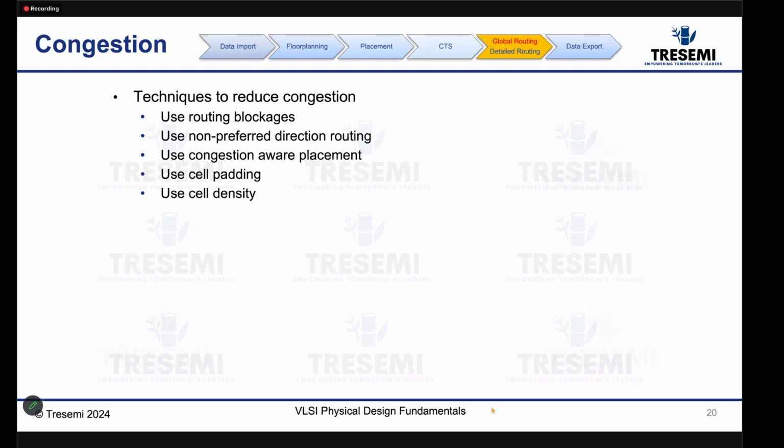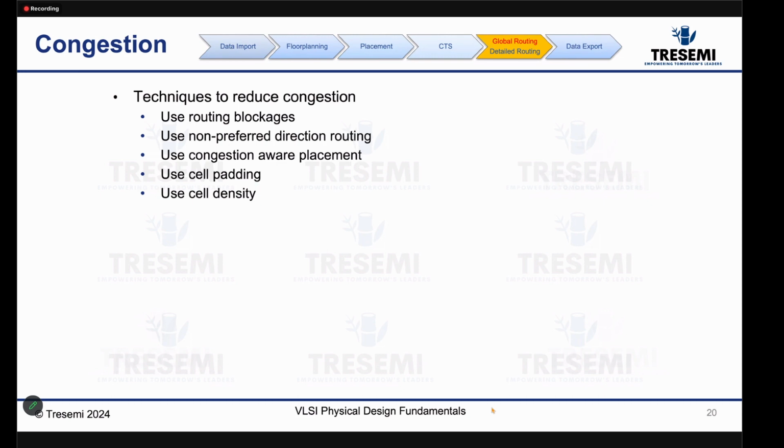But hopefully you did a good job during placement and CTS before you come to routing, right? Because if the problem is so bad, you should have seen it during CTS.